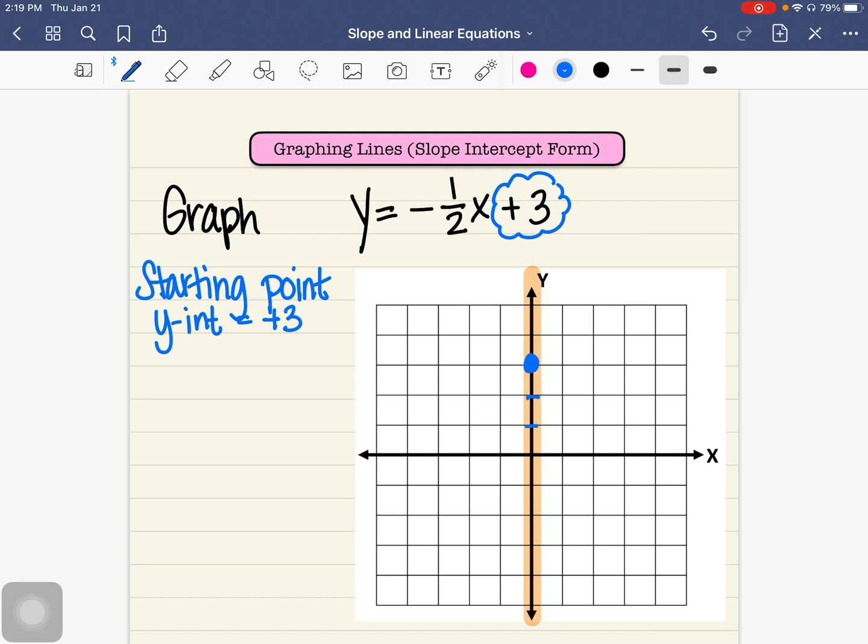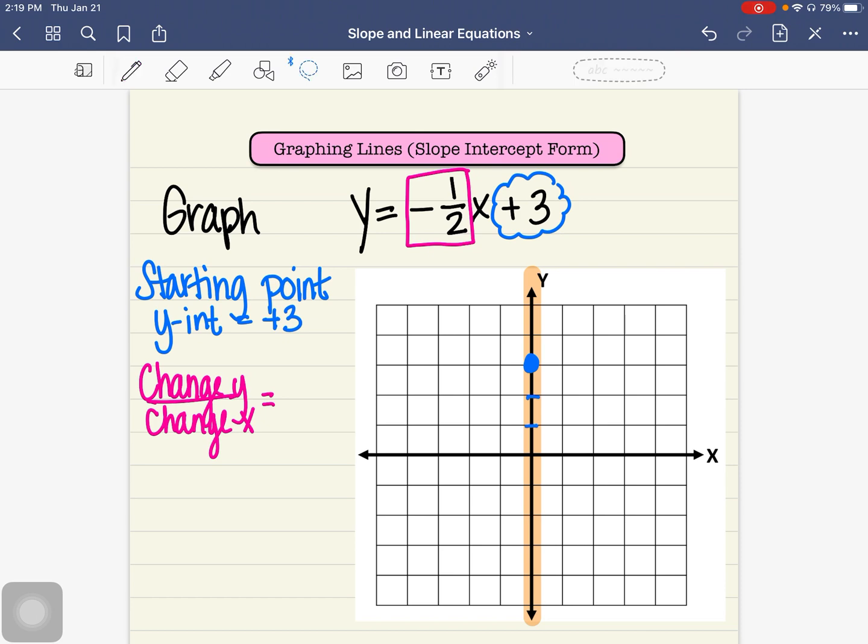And then from here, the slope tells me where I'm going to go. So I'm going to do my change in y over my change in x. This becomes difficult for students, figuring out where the negative signs go.